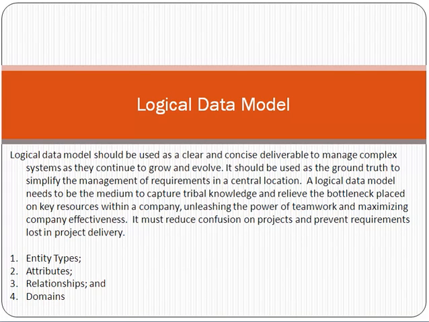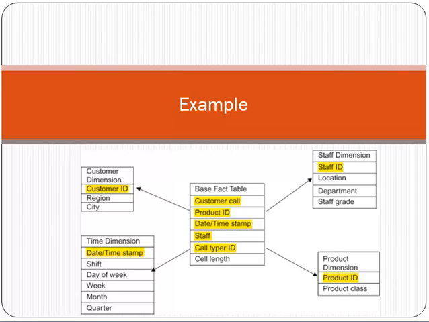So just imagine the logical data model as an entity relationship diagram, or you can say the architecture diagram of a system, showing how your system will reside in the existing system and how it will relate to other systems. So friend, this is called the logical data model, and the most important factors are entity types, attributes, relationships, and domains.